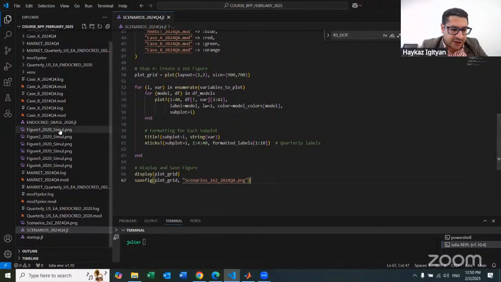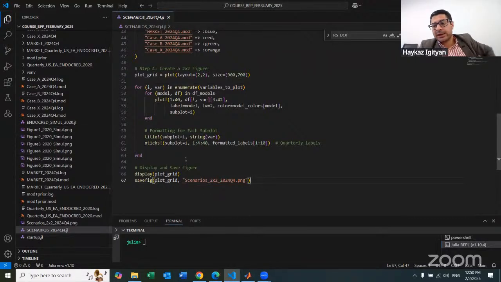So these PNGs are a very convenient way to put in a presentation or to put in LaTeX code, so you can create your presentation or paper in LaTeX. I like this format, but you can save in other formats as well, in PDF, JPEG.